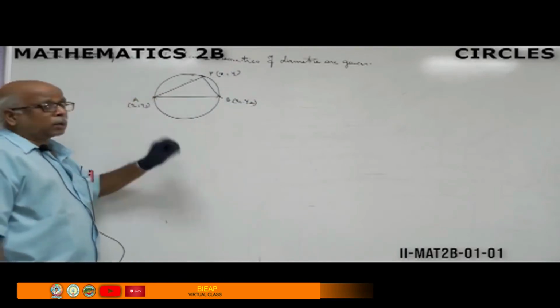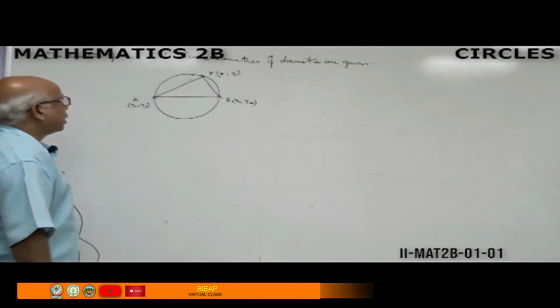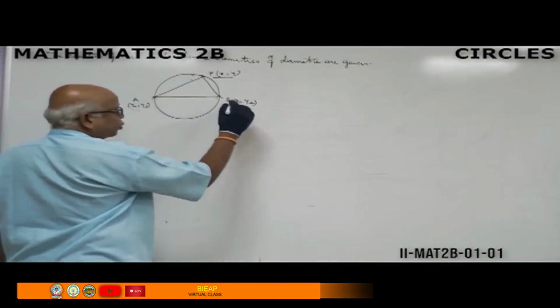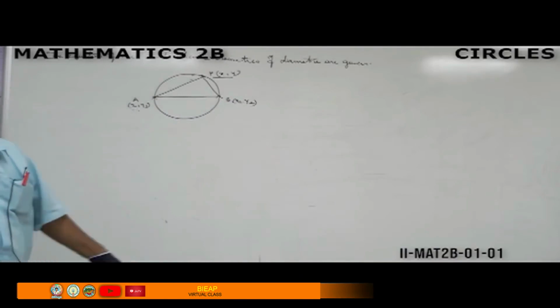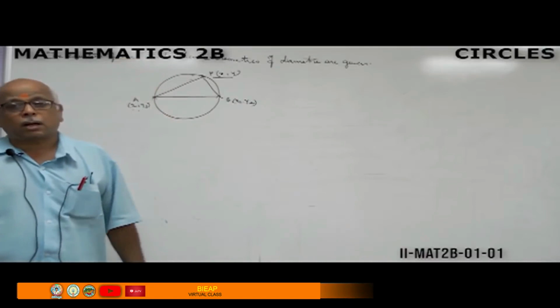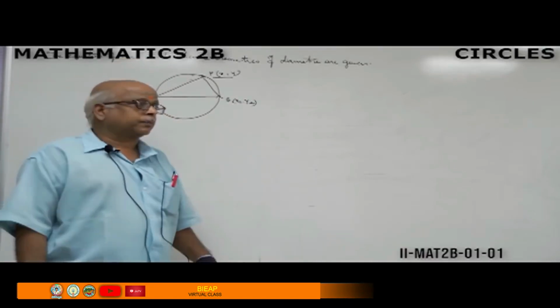Then how to find out the circle equation? The point P(x, y) we assume, and A (x1, y1), B (x2, y2) are the given coordinates of the extremities of diameter. In that case, how to find out the equation?